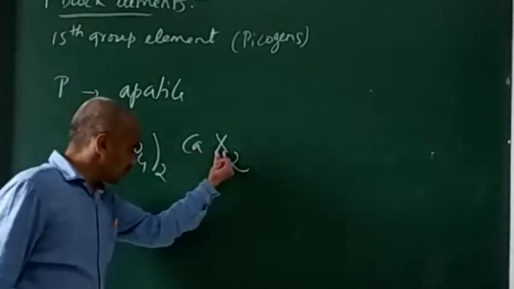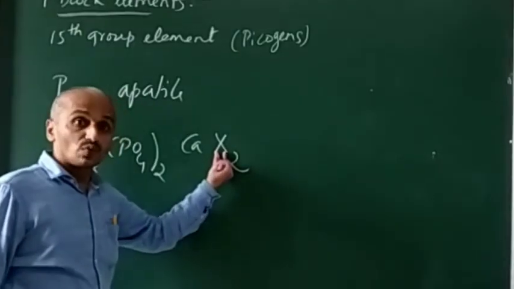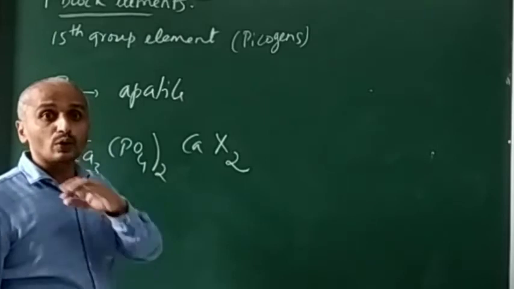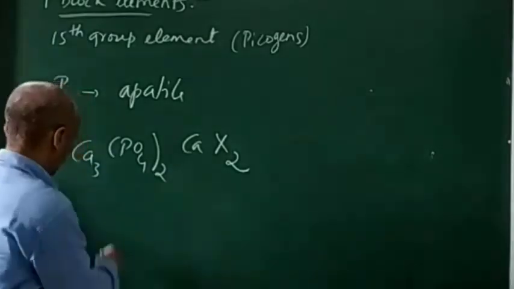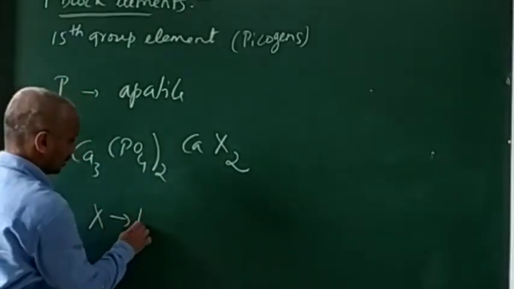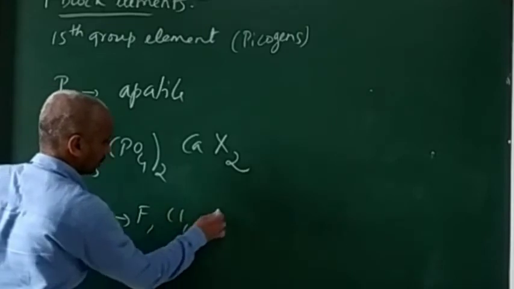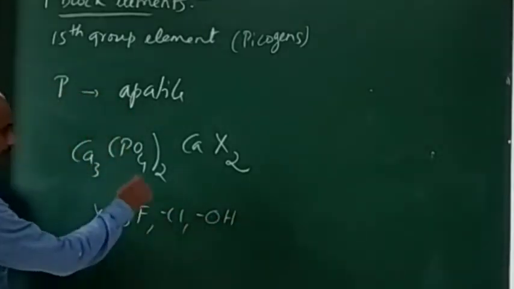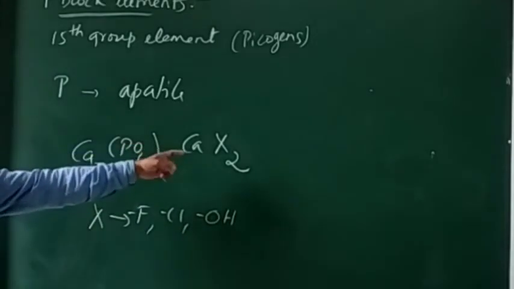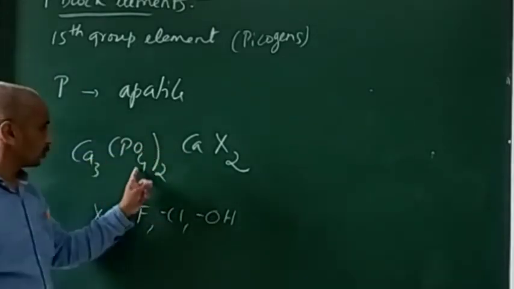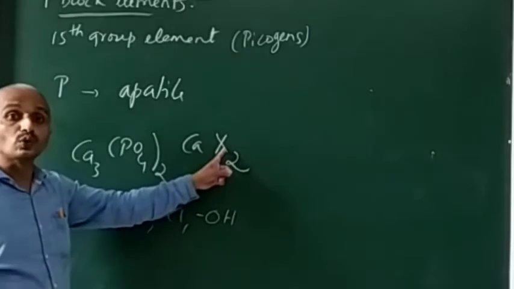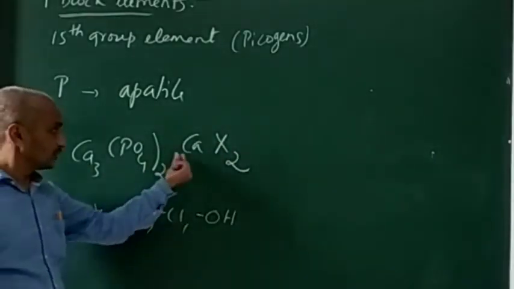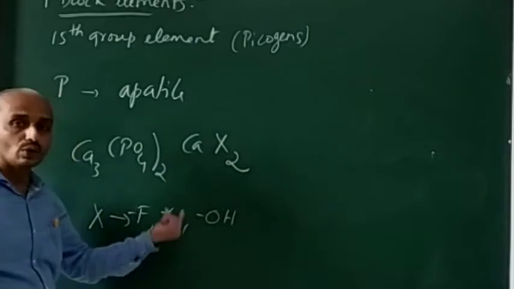You can replace X with fluorine, then it becomes fluoroapatite. If you replace with chlorine, chloroapatite, where X can be F, chlorine, even hydroxyl group also. Note this properly. Ca3(PO4)2 twice CaF2, fluoroapatite. Ca3(PO4)2 twice CaCl2, chloroapatite, etc.